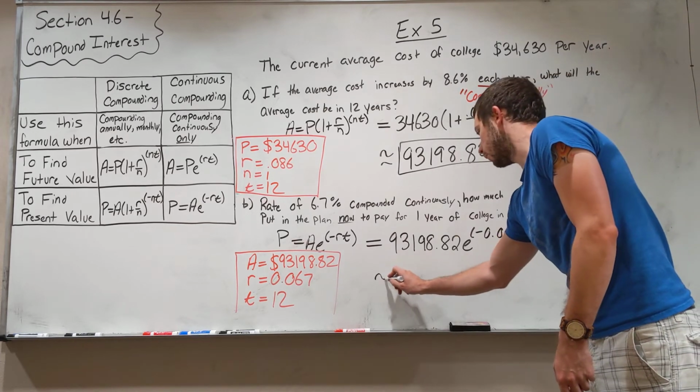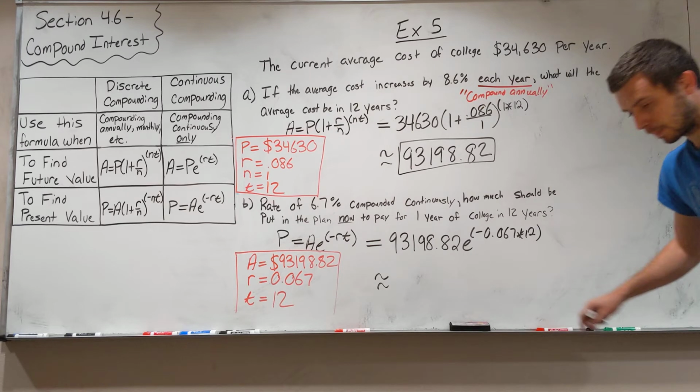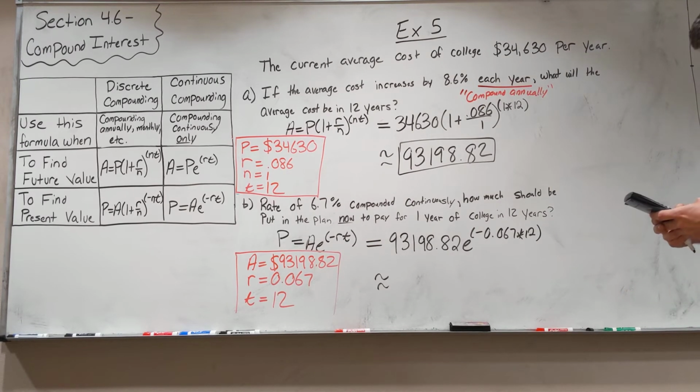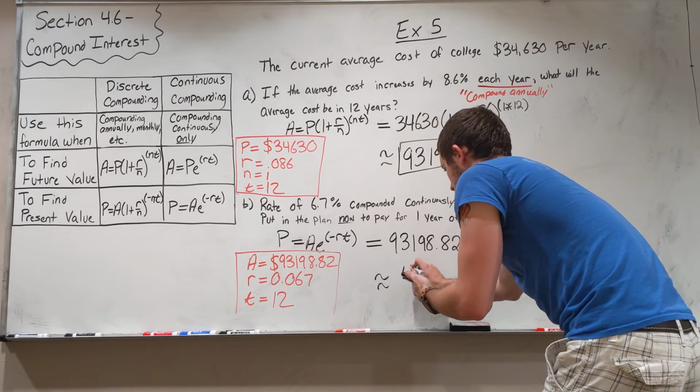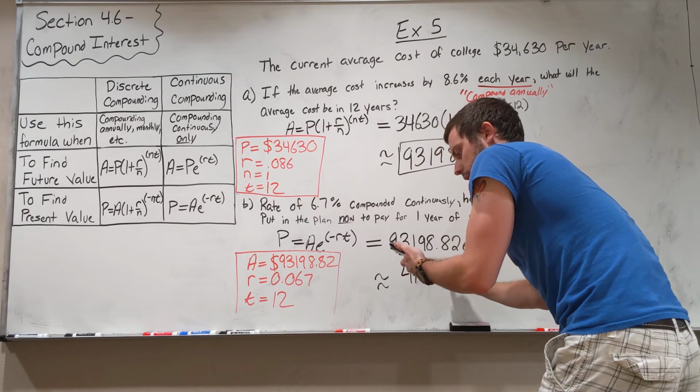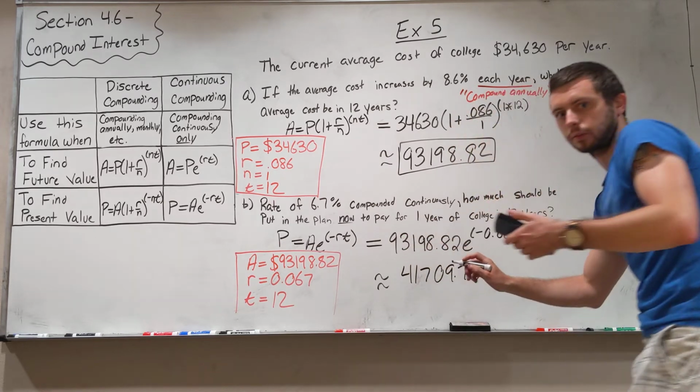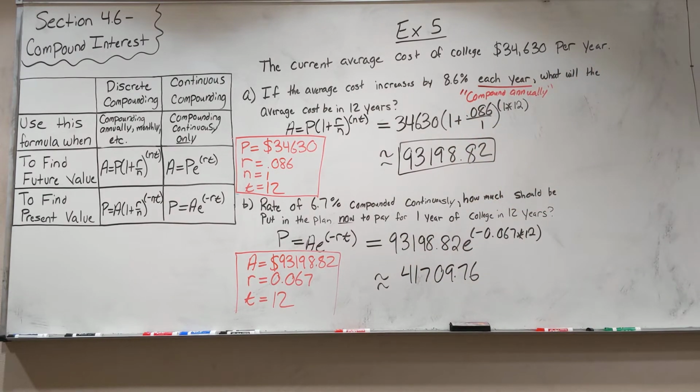And if you did everything correctly, you should get 93,198.82 E negative 0.067 times 12, close parentheses, and I get 41,709.76. And that would conclude example 5.